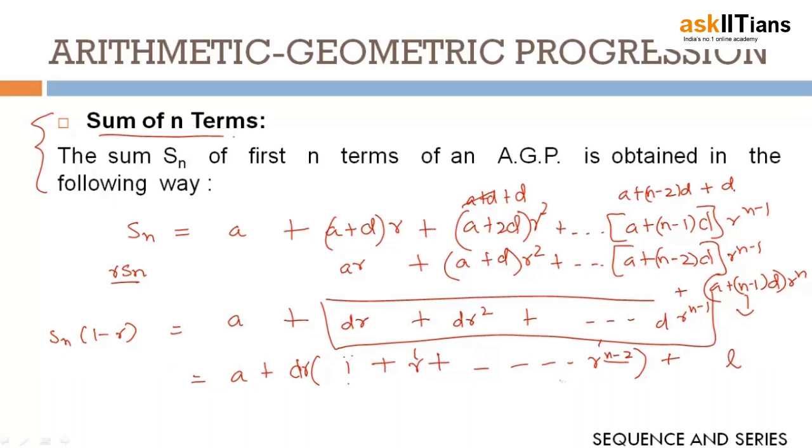When you do this, remember the first term is 1, so that won't matter. So it is 1 minus r raised to power n minus 1 upon 1 minus r, plus the last term. This is how we get the sum of n terms.